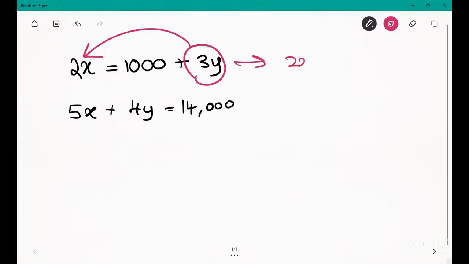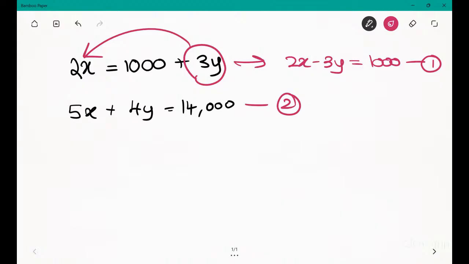So then it's going to be 2x minus 3y is equals to 1,000, giving me my first equation, and this my second equation. Did you understand how we got the equations? So you have to read this very carefully. Did you understand how we got the equation?